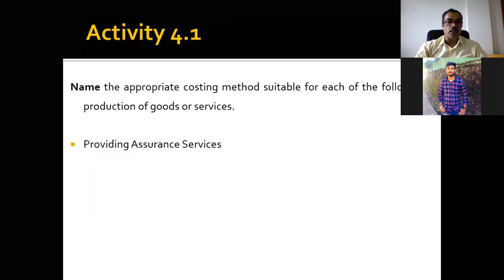So think a little. I'll take one by one. Name the appropriate costing method suitable for each of the following modes of production of goods or services. Number one, providing assurance services.